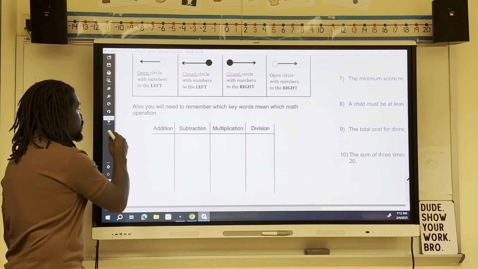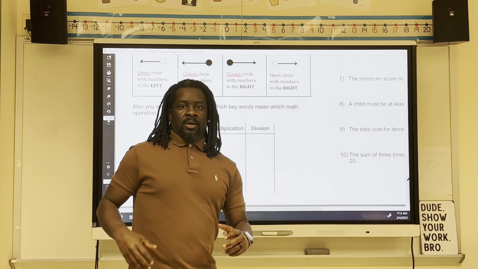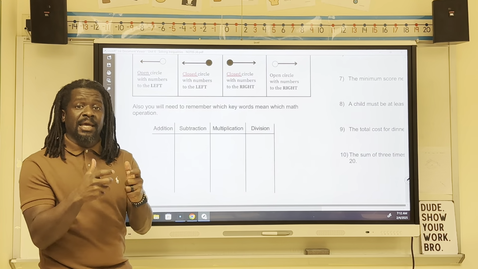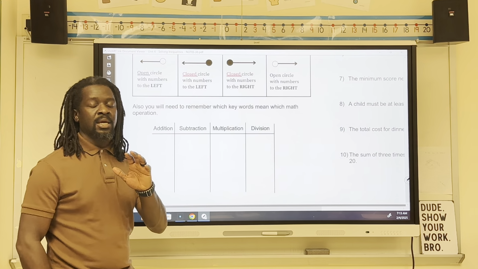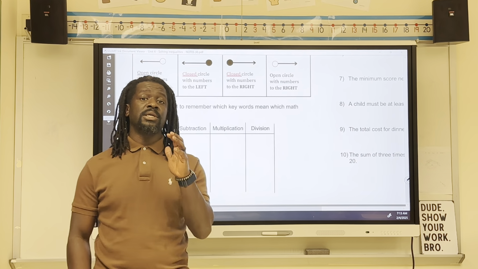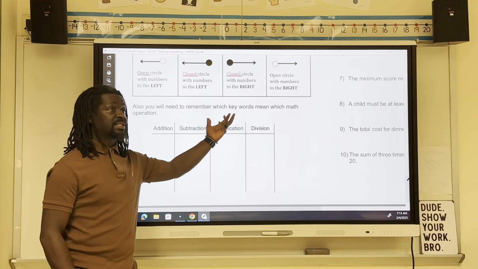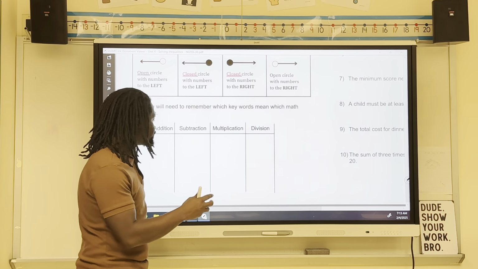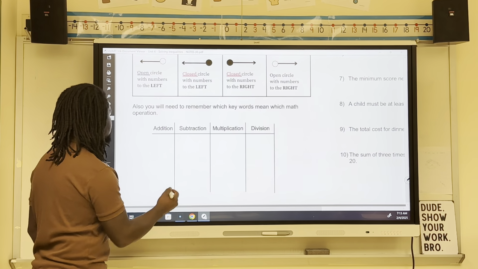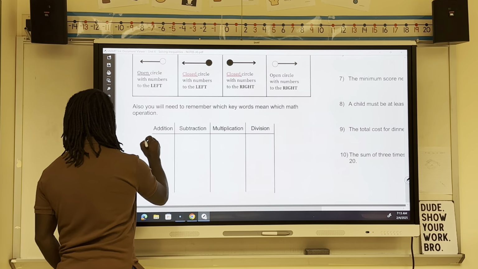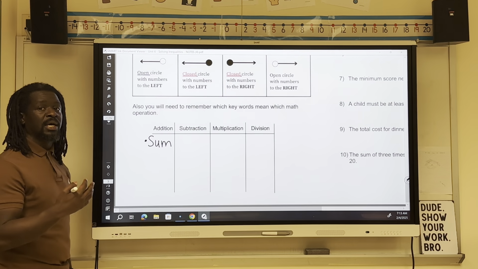You want to remember there are some key words that tell you what mathematical operation it refers to. I'm not going to list all of them. We did this in the last unit, Unit 5, with equations, and this list can be similar. There are certainly words from that list that you should remember, but I'm just going to give a few to get started. The first ones for addition is the word sum. The word sum is the answer to an addition problem.